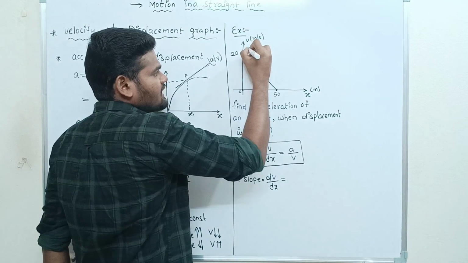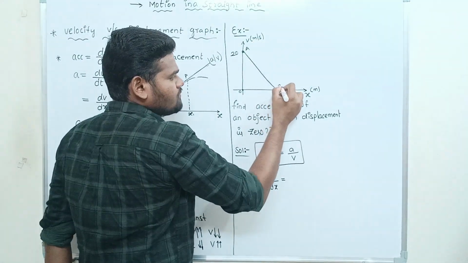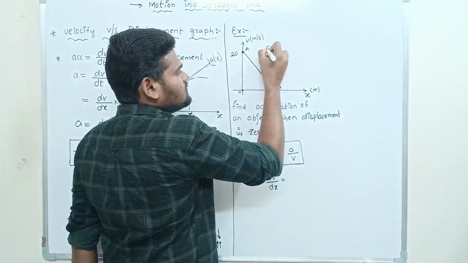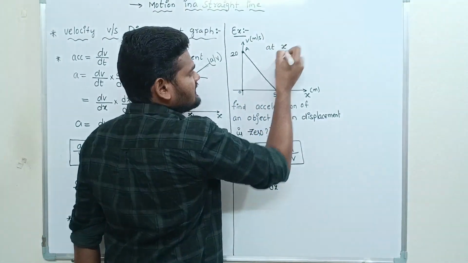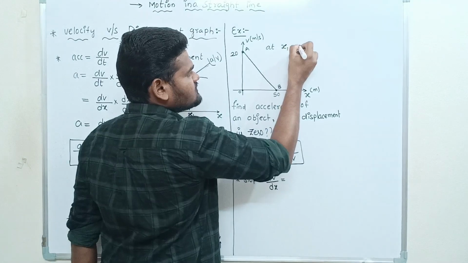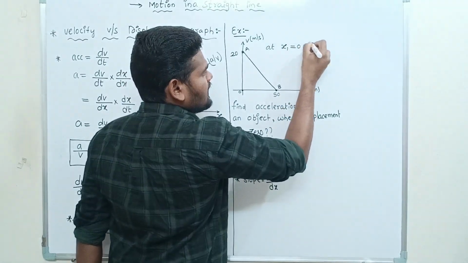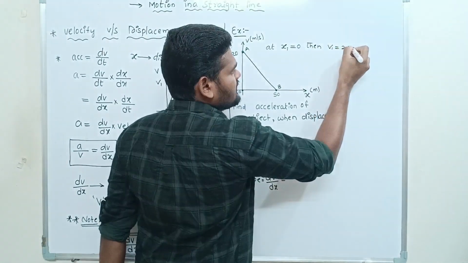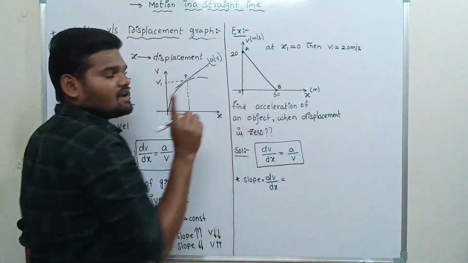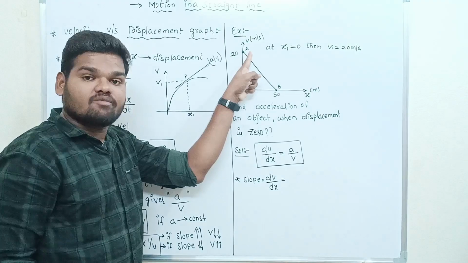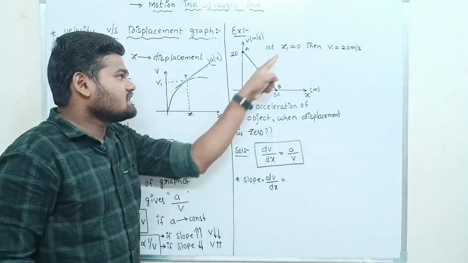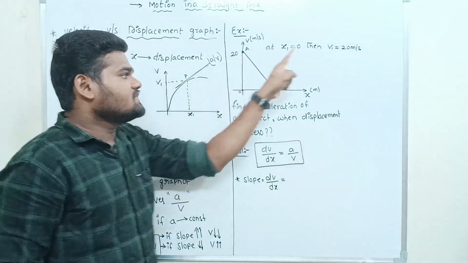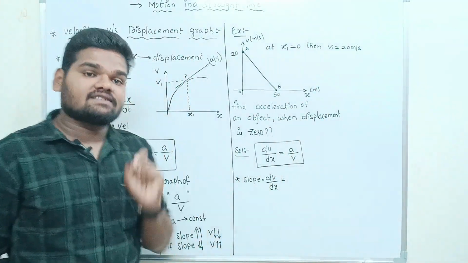Let us say this is point A and this is point B. At displacement x1 equal to 0, the velocity of the object v1 is 20 meter per second. I'm just writing the coordinates of point A.